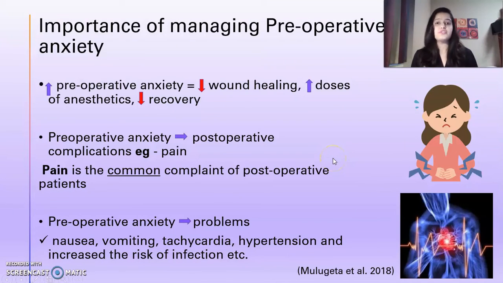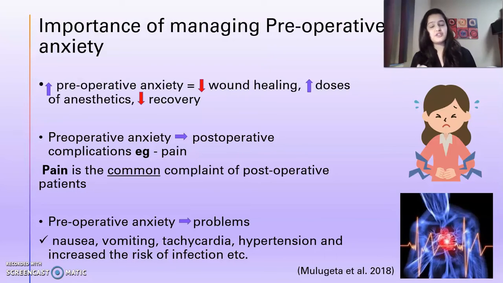Now, why is it important to manage the preoperative anxiety? When there's an increase in the preoperative anxiety, it affects the wound healing time. So there's a decrease in the wound healing and it's slower. Now there are increased doses of anesthetics because if the patient is too anxious, they wouldn't be sedated properly, and hence the overall post-surgery recovery would take a lot of time.